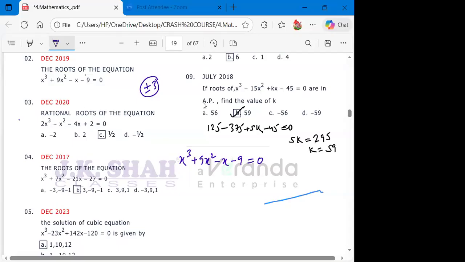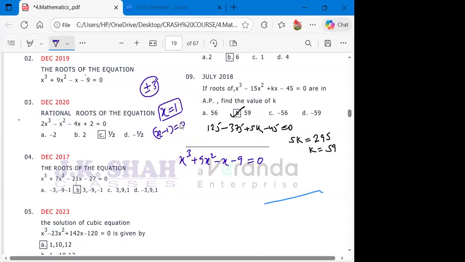Just see the board. When I put x as 1, that equation was satisfied. Listen carefully. It means x minus 1 is definitely 0. If x is 1, x minus 1 will definitely be 0.